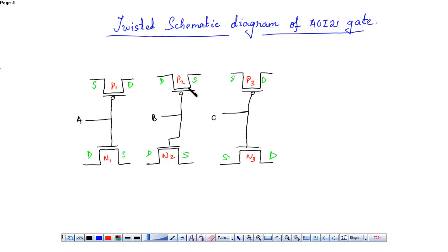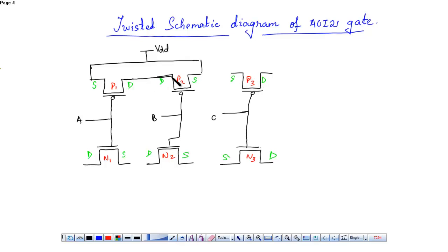So you know the first 2 PMOS were in parallel. So their sources are connected to VDD and the drains were connected together.